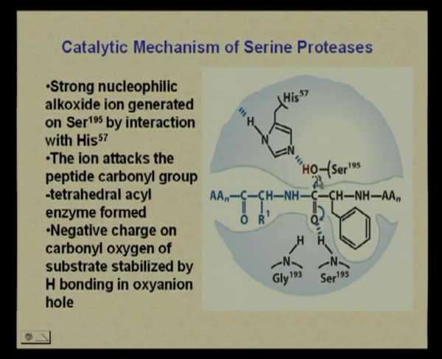So, what is happening is this O, after the abstraction of the H to the histidine, forms an O minus that sits in this oxyanion hole and is stabilized by the NH of glycine 193 and serine 195. So, this is our first step. What has been formed now?